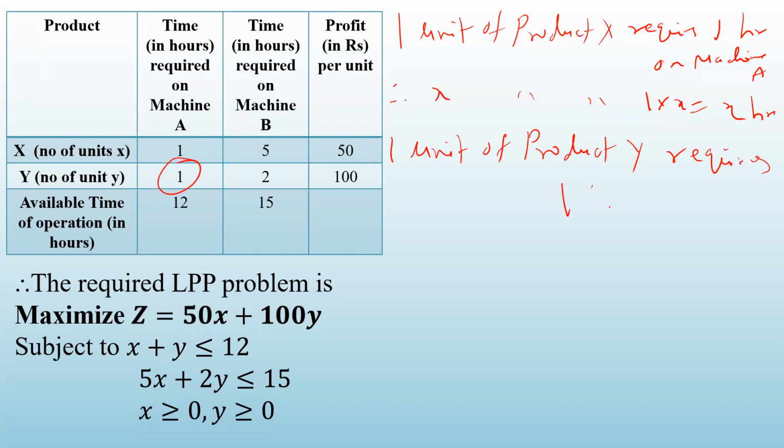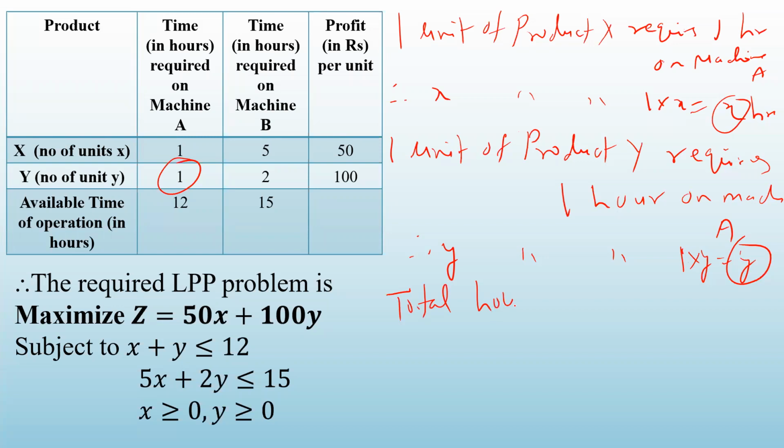Again, 1 hour on machine A. Therefore, y units of product Y will require 1 into y, that is y hours. So total hours on machine A is x plus y. To make x units of product X it takes x hours, and to make y units of product Y it takes y hours.